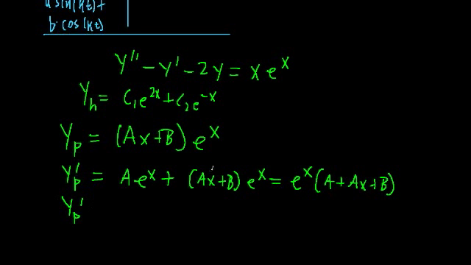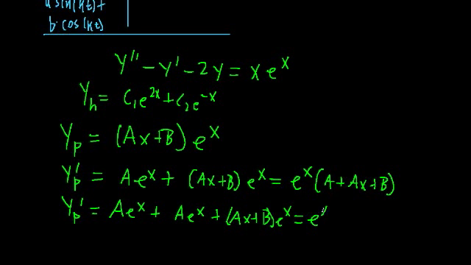That's just the derivative of this, so that's going to be a times e to the x plus, using the product rule again, a times e to the x plus ax plus b times e to the x. And we can simplify that again as e to the x times 2a plus ax plus b.